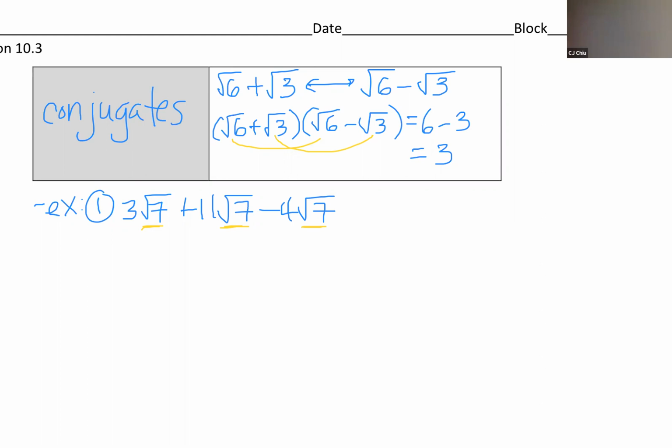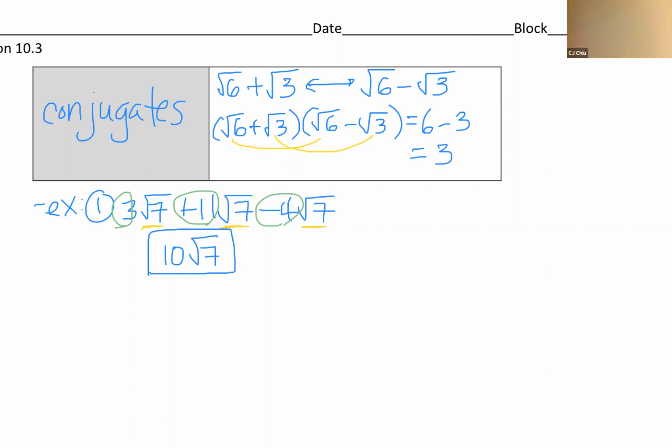So we can say, no big deal, 3 plus 11 minus 4, which gives us 10 square root of 7. Notice that the square root of 7 doesn't change, just like the x wouldn't change. So you combine like radicals.